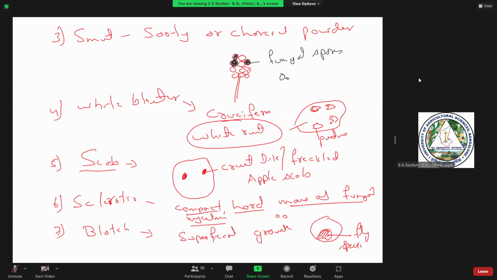Okay, and another type of symptom which we come across is the fruiting body. The word itself explains fruiting. What is a fruiting body?